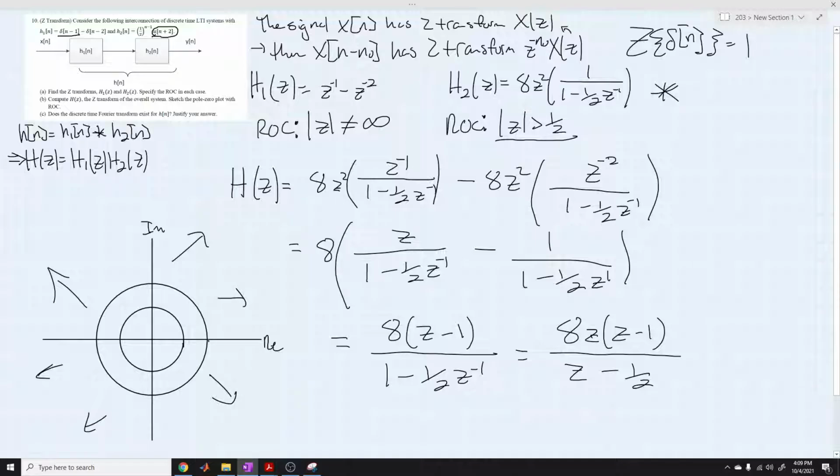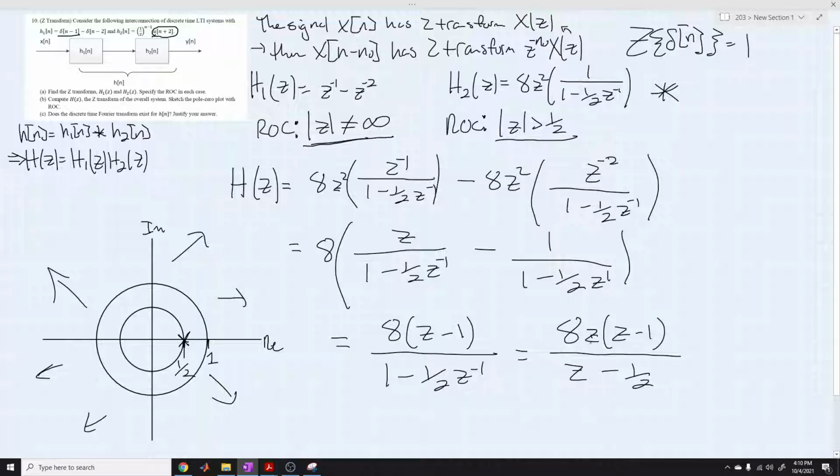So these are our two regions of convergence, right? So we're going to have a pole right here at 1/2. Now let's talk about some zeros. And this is the unit circle. This other one here, this is the unit circle. We will get zeros whenever our numerator is 0, right?